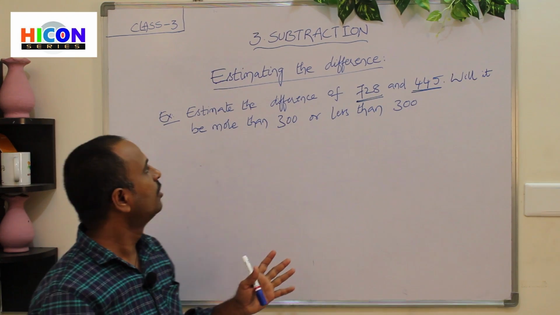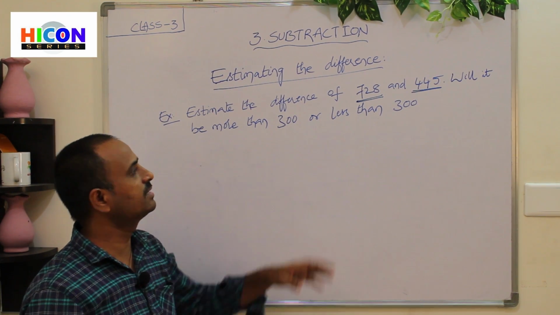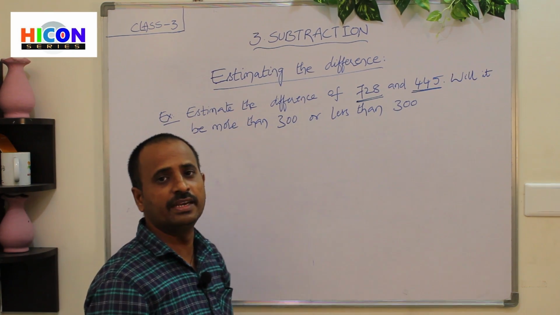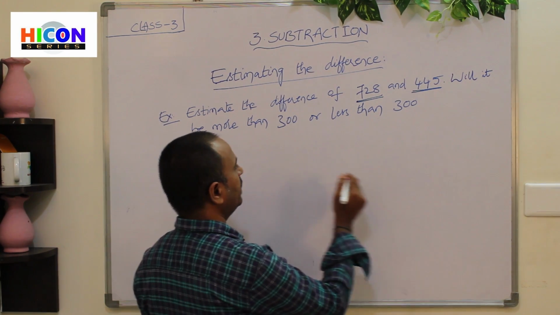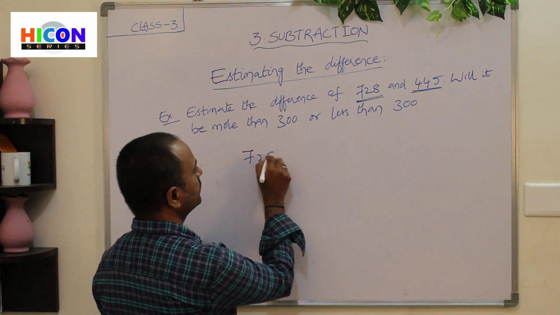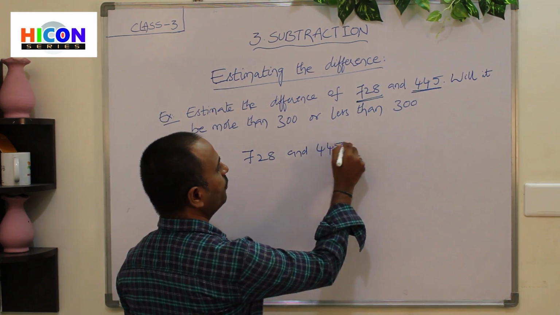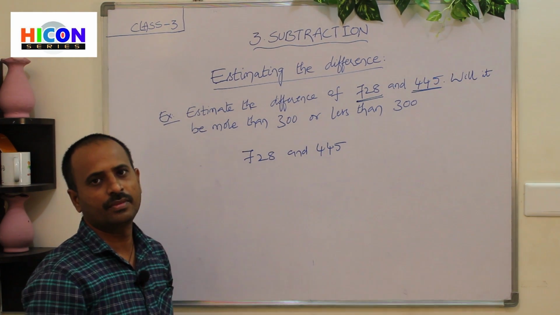So let us see how we can estimate the difference of the two numbers. So let us see what are the two numbers given. 728 and 445. So these are the two numbers we have given.